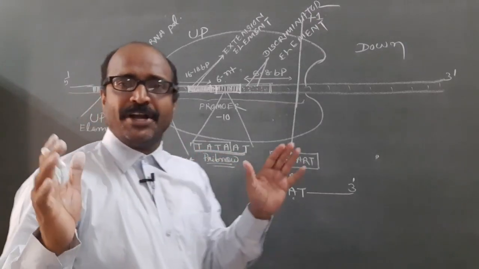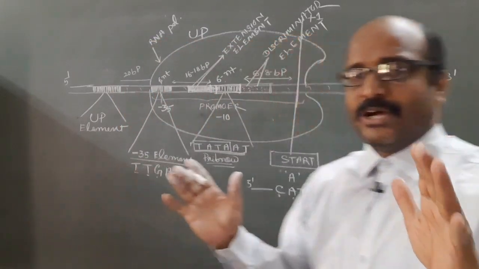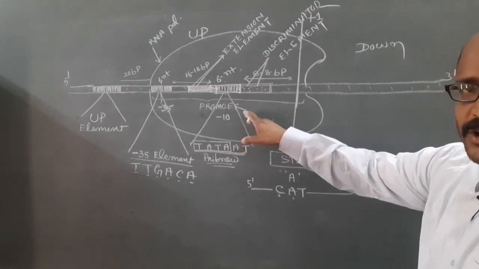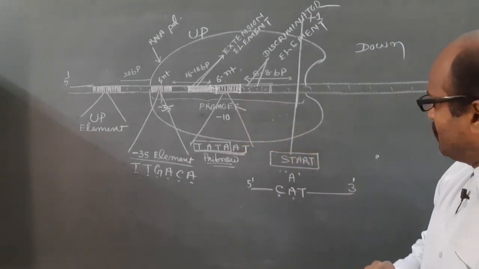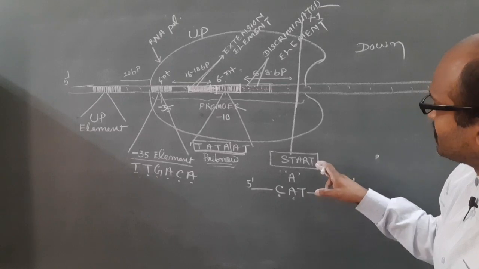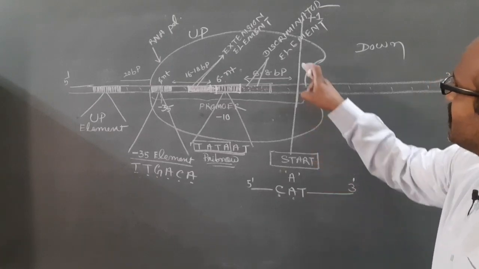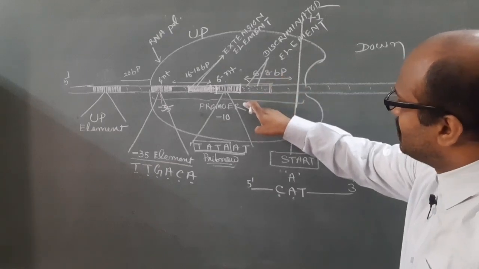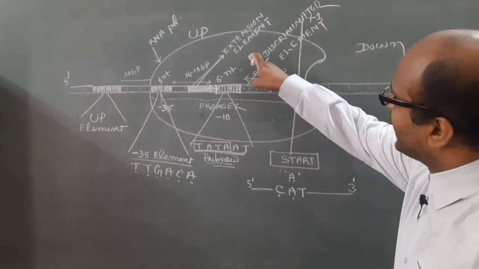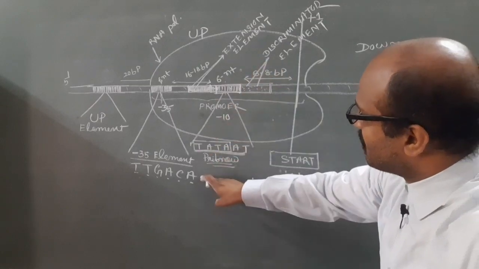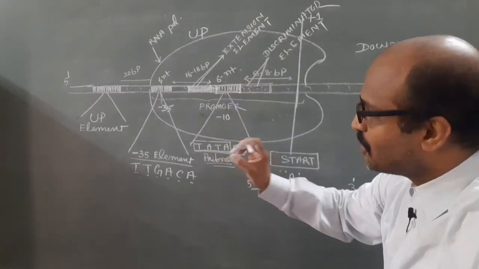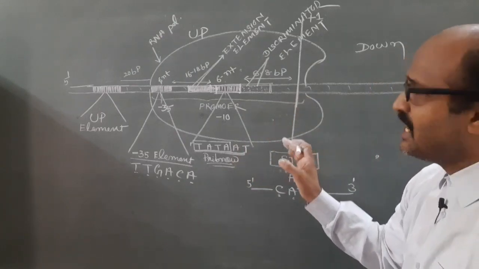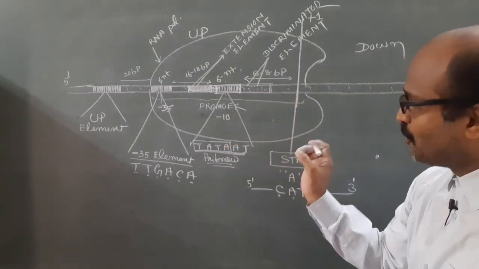So what are the different components of promoter in prokaryotes? First one is the start region, then the discriminator element, then the Pribnow box, then the extension element, then the minus 35 element, and some of the sequences also interact with the RNA polymerase, and they may be part of the promoter.